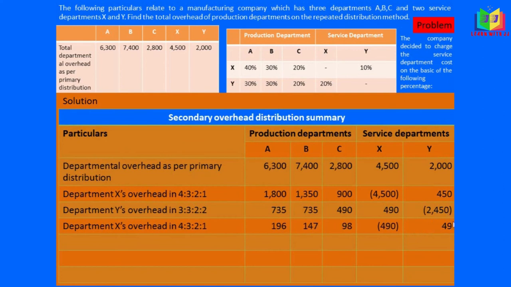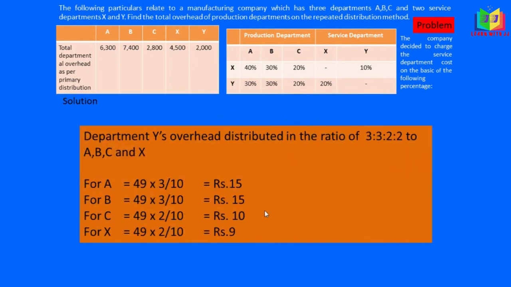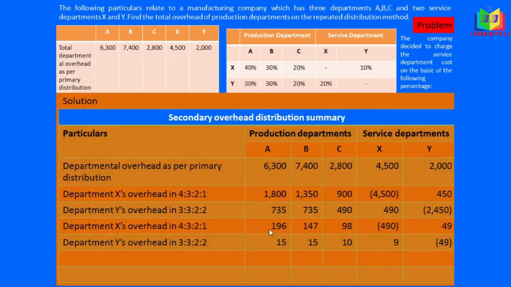Now this Y's share, that is 49, is to be distributed in the ratio 3:3:2:2. We get 15 for A, 15 for B and 10 for C, and it comes in decimals, so to round off, for X we allocate 9 rupees.